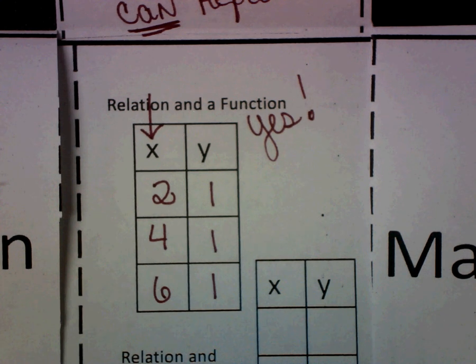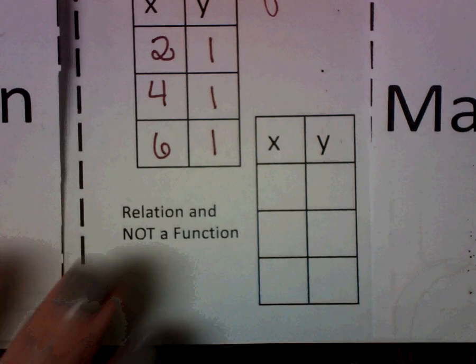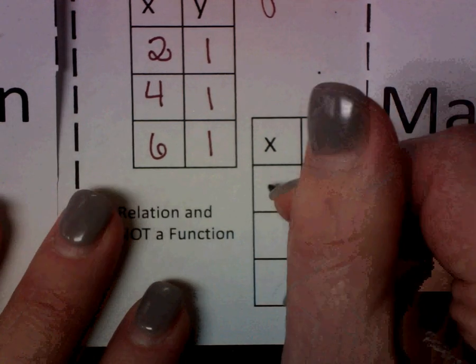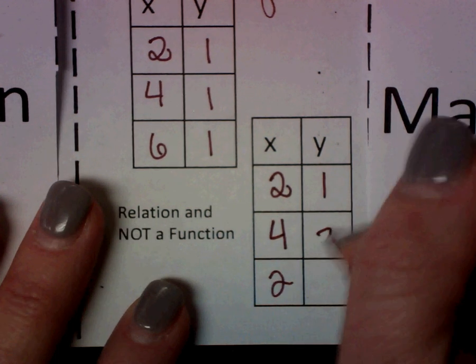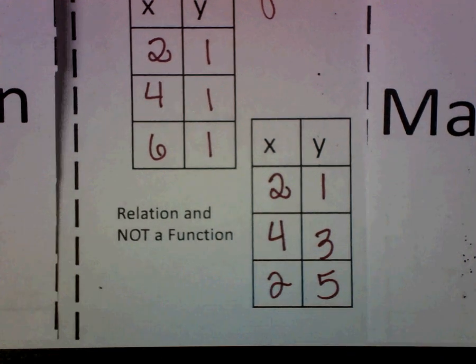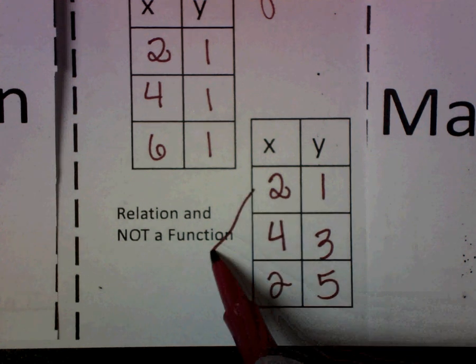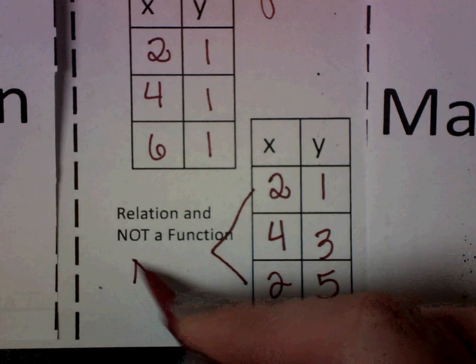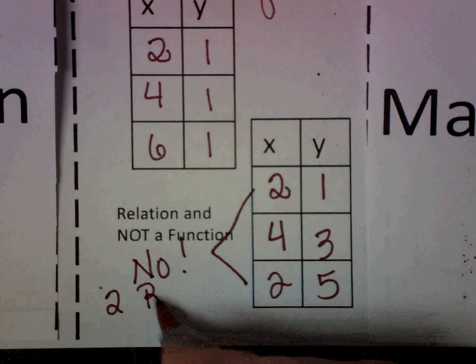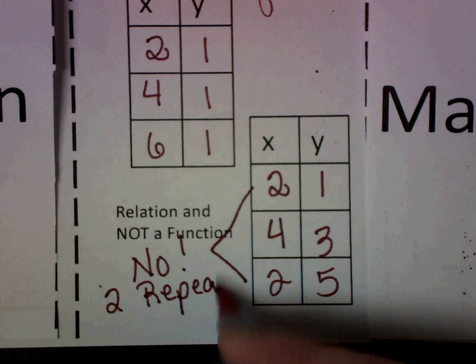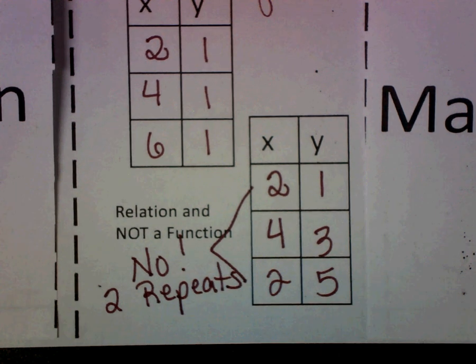Okay, here's an example of a table that is not a function. Okay. So again, look, we have 2 x values. So no, this is not a function because the 2 repeats in the x value. Okay, really simple, right?